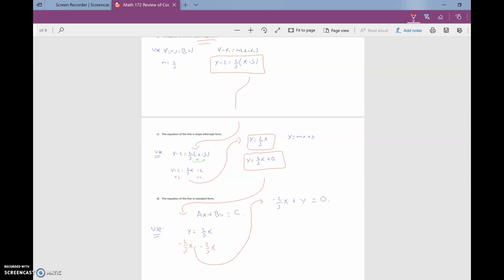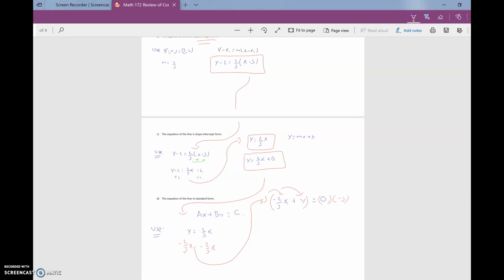Now here's the problem with standard form. We have to have A, B, and C be integers, and A has to be positive. So in order to accomplish this, let me multiply both sides by -3.